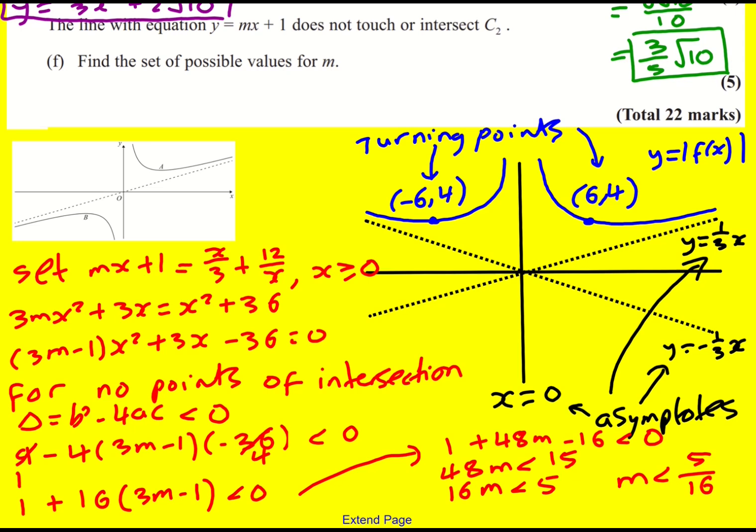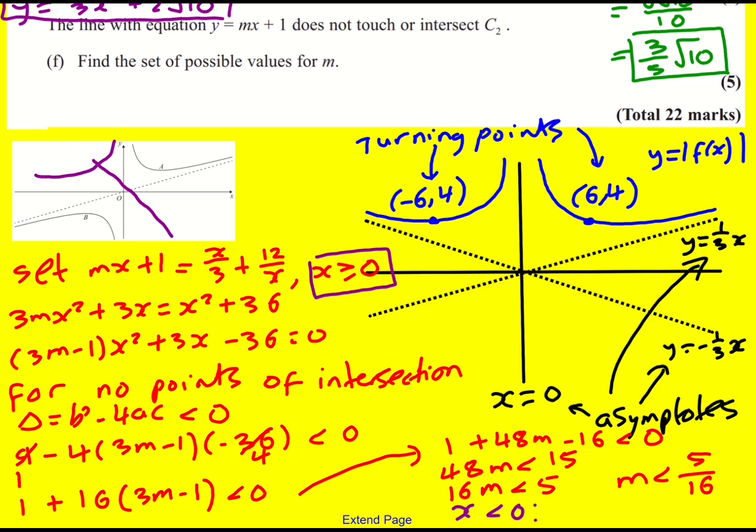So remember, this is only true for x greater than or equal to 0, and I'm going to get into some difficulties if I make it negative, because I've now got the modulus function and I'm going to hit the function here. So I need to think about when x is less than 0.